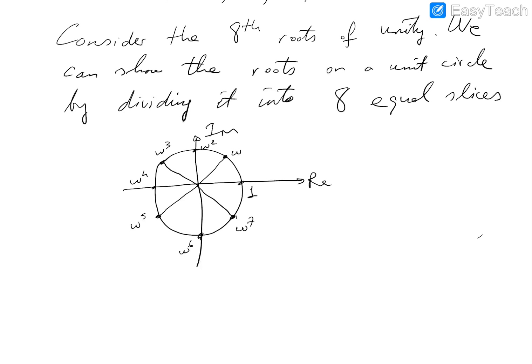The eighth root is actually equal to omega to the power 8, and that's equal to omega to the power 0, which is equal to 1. So note that if we add all these vectors all together, okay, we get 0. They cancel each other.